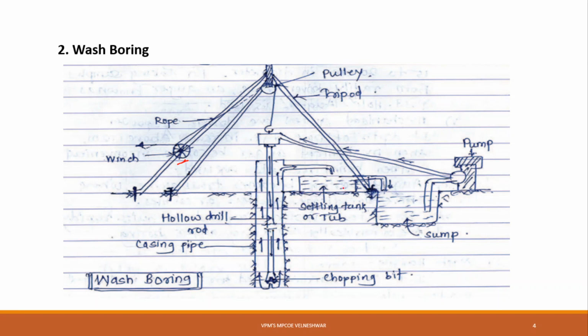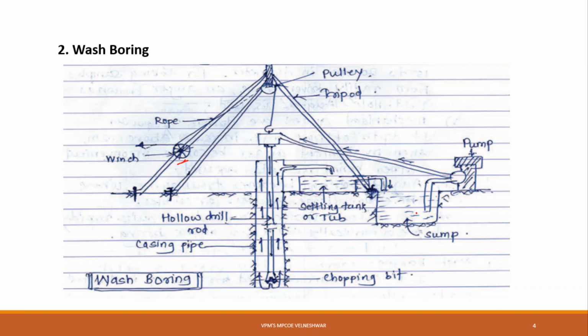Then see here, here is the assembly of the settling tank. Whatever mud you produce in this hole will be carried upside, and it settles in this settling tank, and clear water is overflowed here, and here is the sump arrangement.